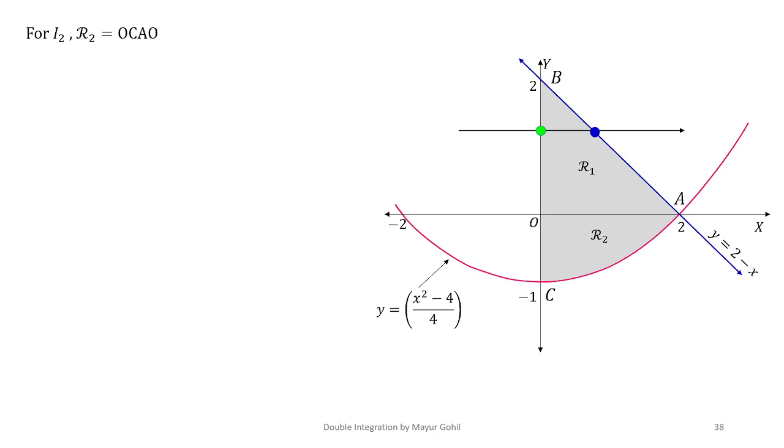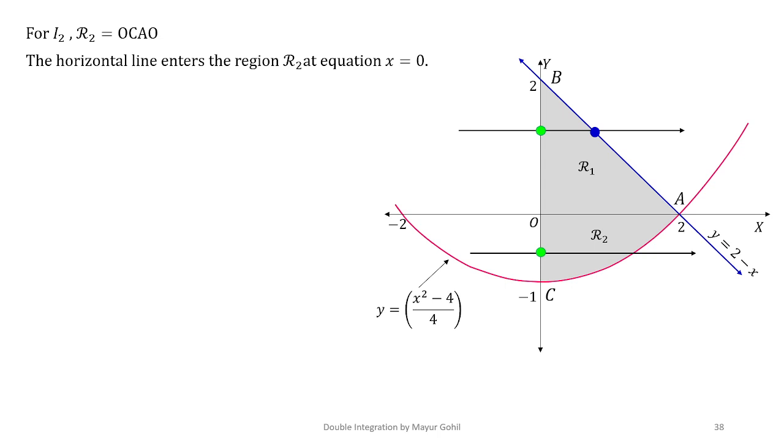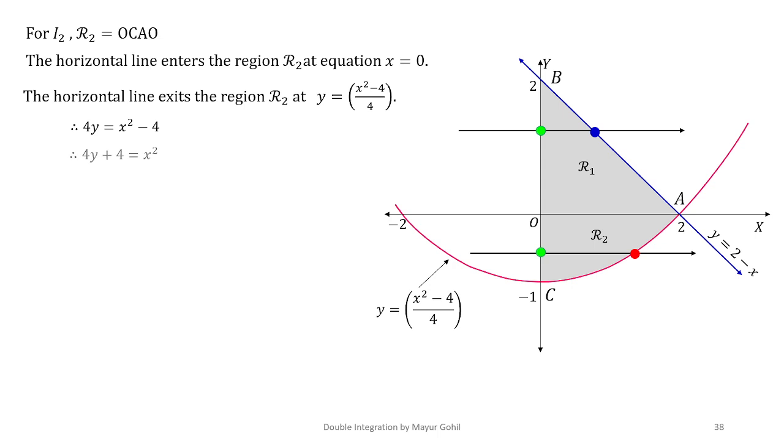For R2, the region is OCAO. When we see that region, the horizontal line is again entering at the y-axis, and the equation there is x equals 0. Since we are writing in terms of x, we'll simplify the equation in terms of x, and again the same concept lands up in front of us.